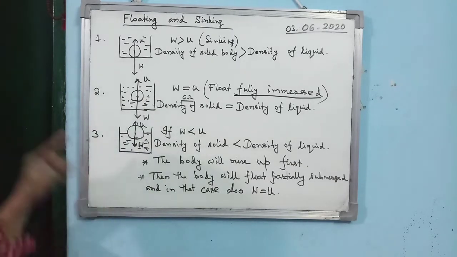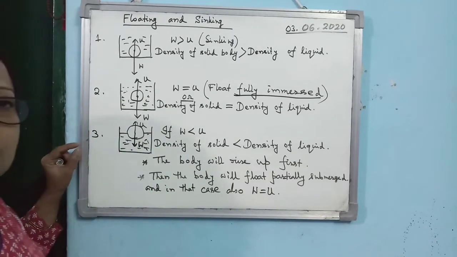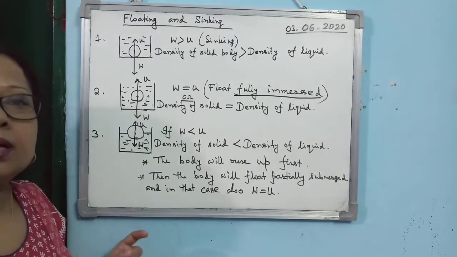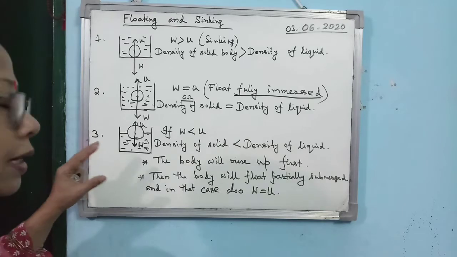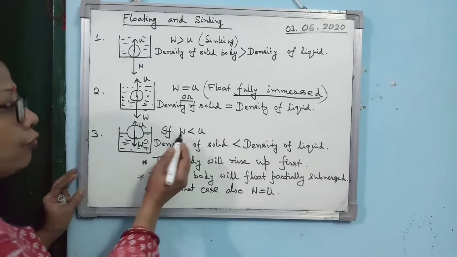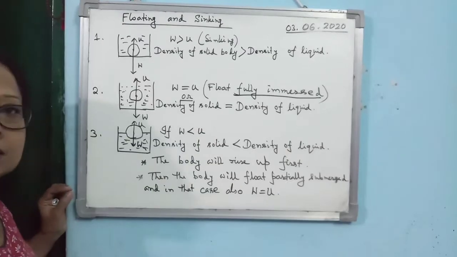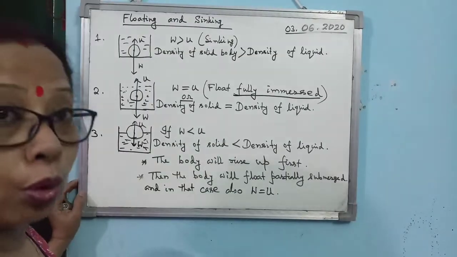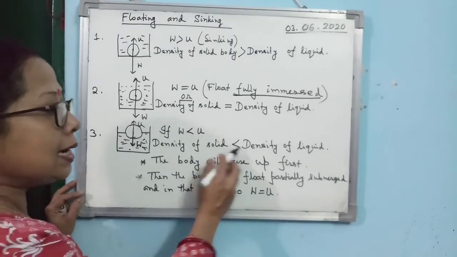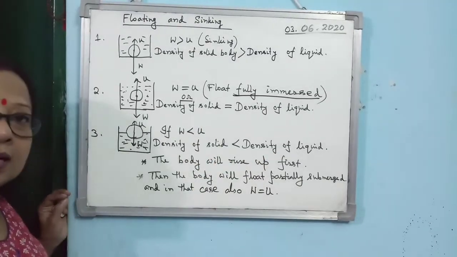Now the third case, which I did not discuss yesterday. You may find it a little difficult, but if you understand it, it will not be difficult. So try to understand it. If weight is less than upthrust, meaning upthrust is more, then density of the solid is less than density of the liquid.